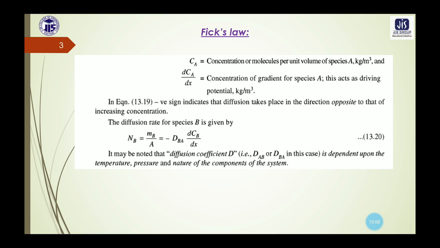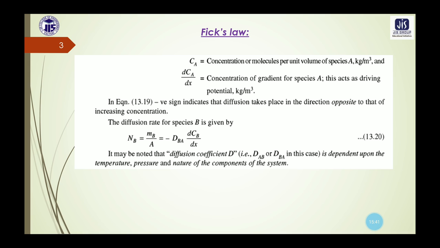Now this Fick's law has a similar representation to Fourier's law of heat conduction, where we saw that the representation was q equals to minus k dT by dx. In Fourier's law of heat conduction there was one negative sign, so similarly in Fick's law also there is one negative sign. What is the significance of this negative sign?